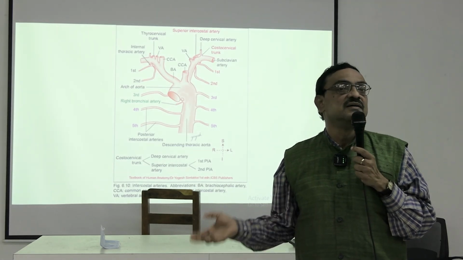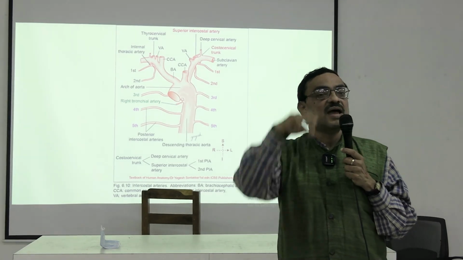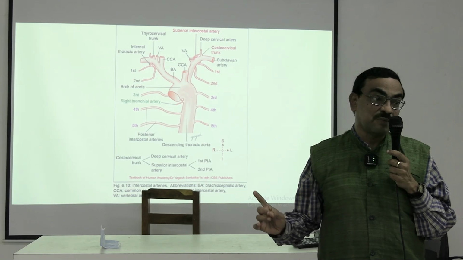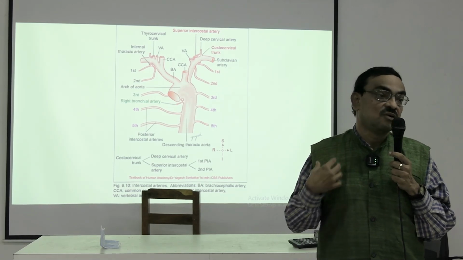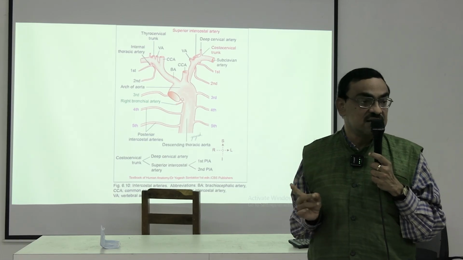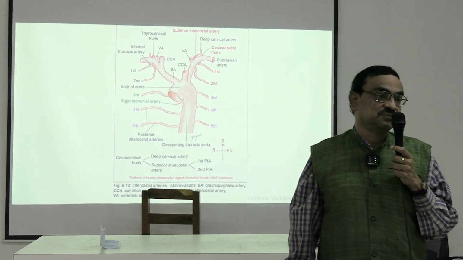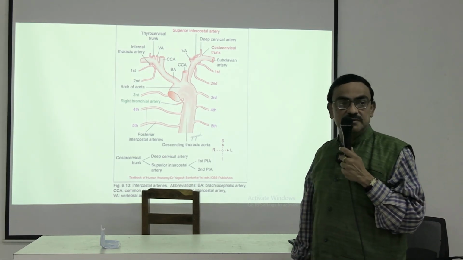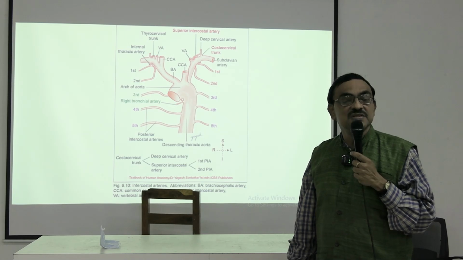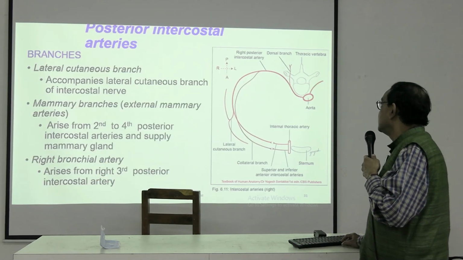On the right side, the brachiocephalic artery divides into right subclavian and right common carotid artery. So costocervical, costo means costal space. The first and second posterior intercostal arteries, or even the third, might be a branch from the costocervical trunk, which is a branch from the subclavian artery.